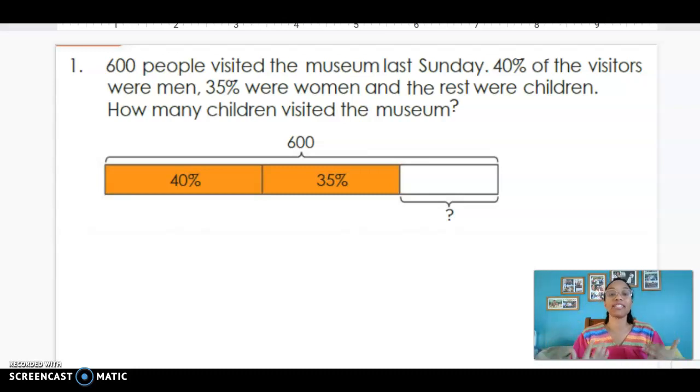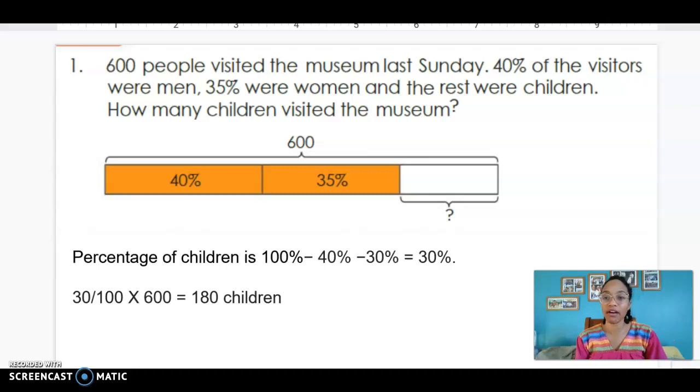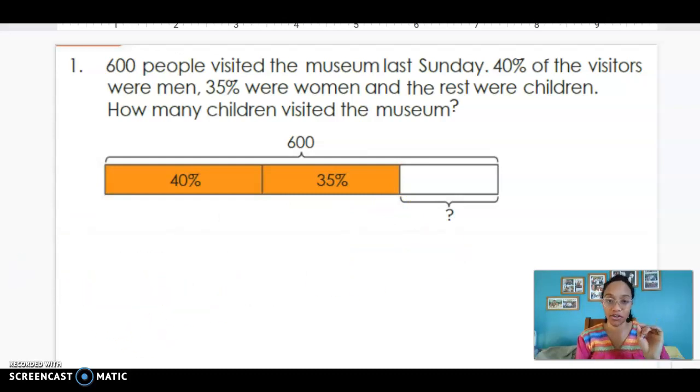When we're doing percent of a quantity, we always need to translate our problem into math terms. 25% becomes 25 over 100. The word of translates into a multiplication problem, and our total 600 stays the same, or you can translate it into 600 wholes. So now we have 25 over 100 times 600.